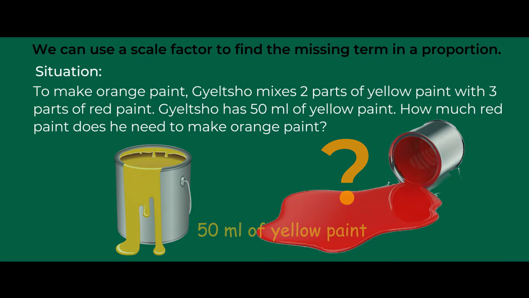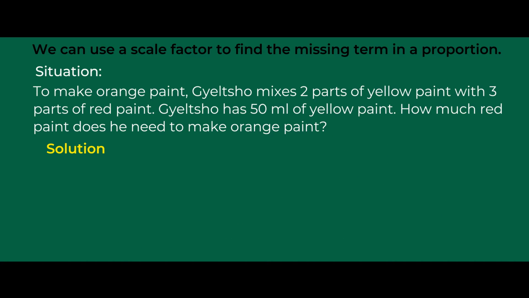Now let's look at the solution. When we are finding the missing proportion here, we are writing the ratio in the form of fraction. So here we are comparing yellow paint and red paint. Okay, so let's say yellow over red is written as 2 over 3.